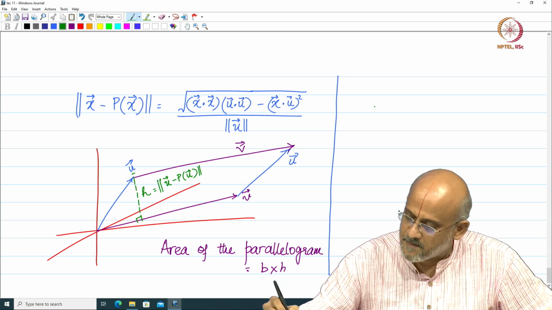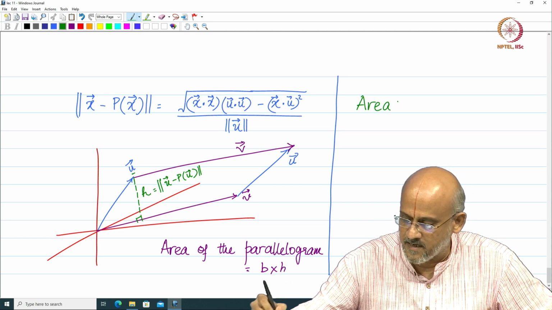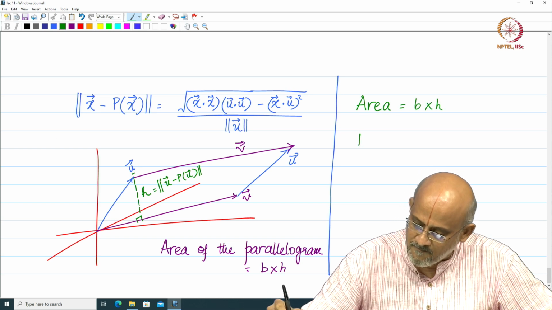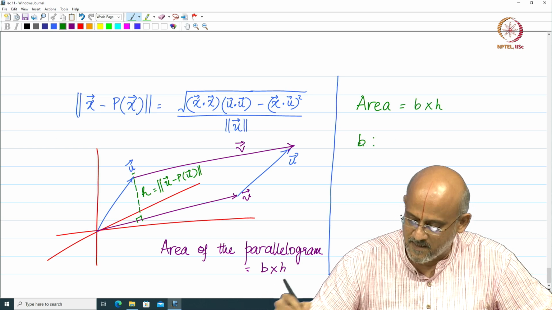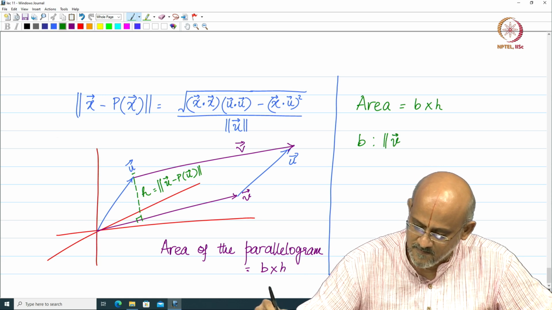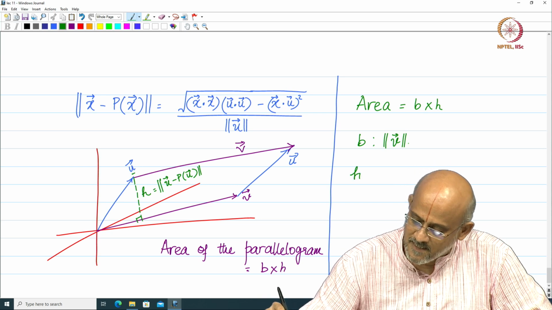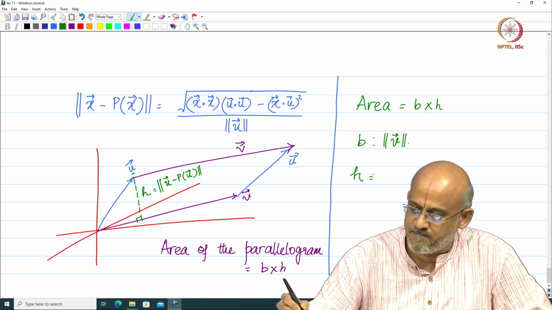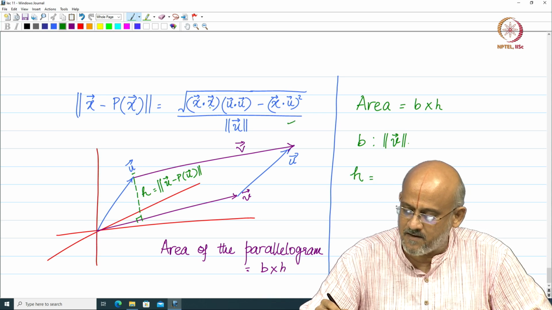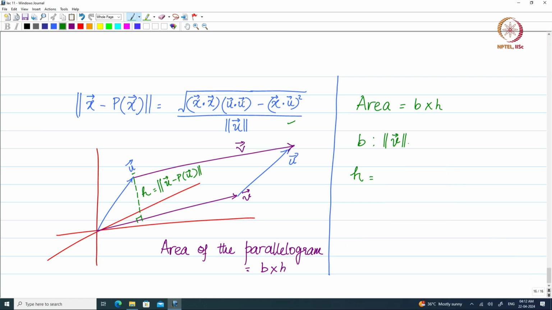So the area of the parallelogram is given by b into h, where the base corresponds to the length of the vector v. And what is the height? The height is precisely this, replacing x with u and u with v.